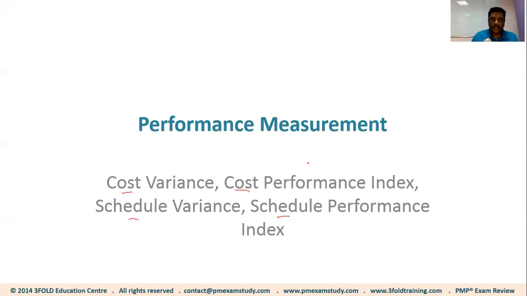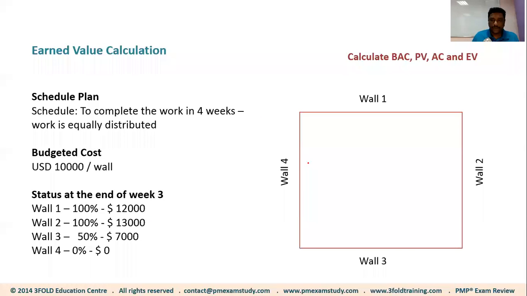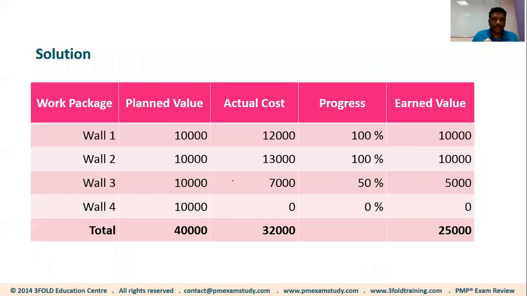All right. Now there are totally 4 formulas, and I'm going to use the same example which we used a while ago. What you could see here is the basic calculation we have used. So we got 10,000 for each side of the wall. So 40,000 is your BAC, budget at completion, and we spent so far 32,000.